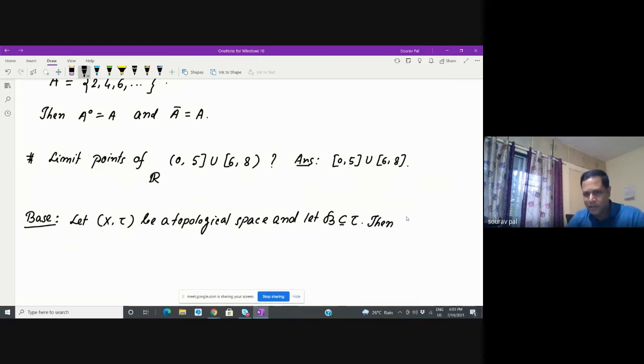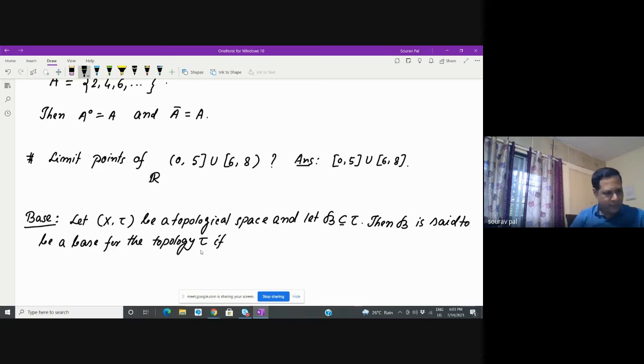Then this script B is said to be a base for the topology tau if for any open set G and for any P belongs to G, you can find a member of this collection.